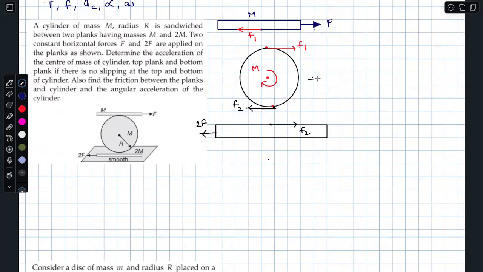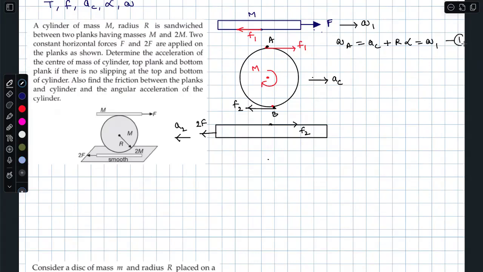Now in this process, let the acceleration of this be AC. Let the acceleration of the upper plank be A1. Let the acceleration of the lower plank be A2. Remember, at this point, let this be A. Let this be B. Acceleration of the point A, as per my understanding, is AC plus R alpha, which is supposed to be A1.